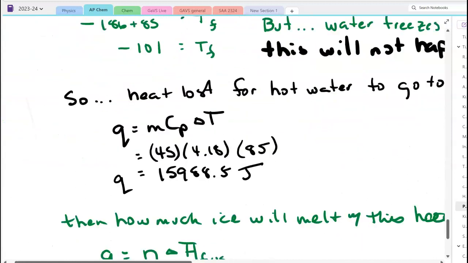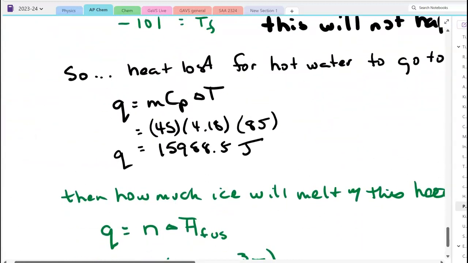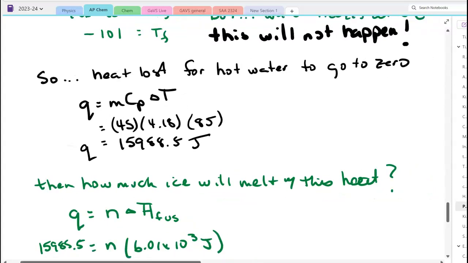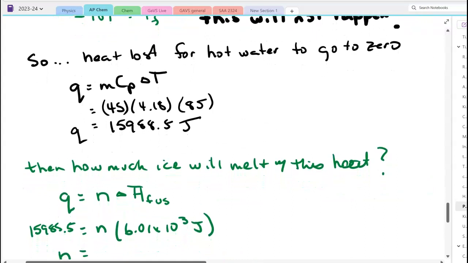So we got to back up. In other words, the ice cube doesn't melt. We suck in all the heat out of the hot water and we only melt part of the ice cube. So let's find out how much heat it is going to give off to take the hot water down to 0.